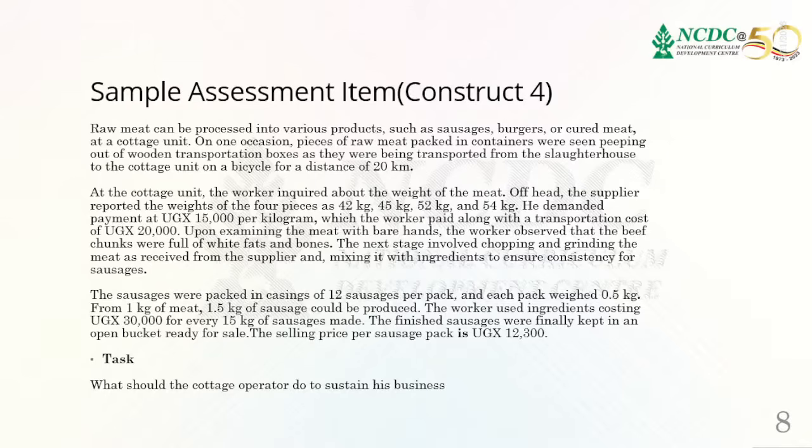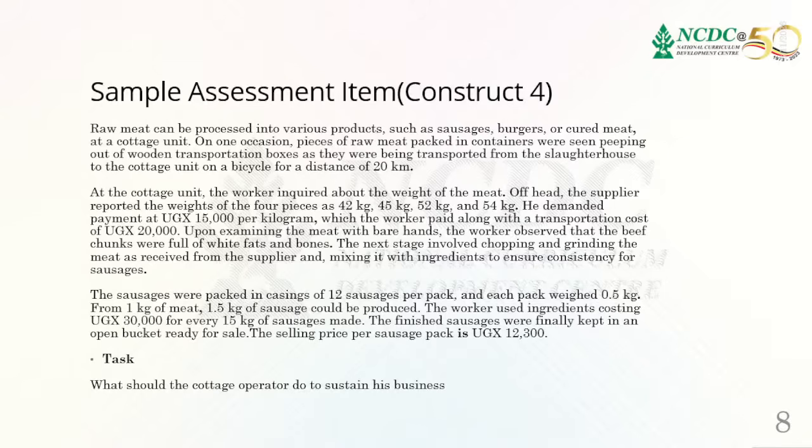At the cottage unit, the workers inquired about the weight of the meat of head. The supplier reported the weight of the 4 pieces as 42 kilograms, 45 kilograms, 52 kilograms, and then 54 kilograms.